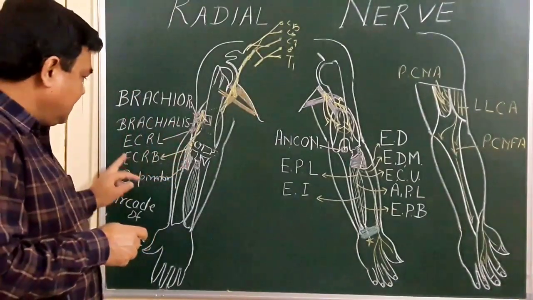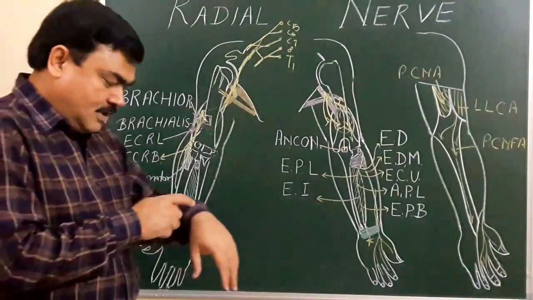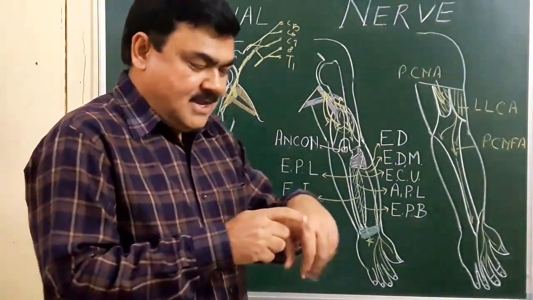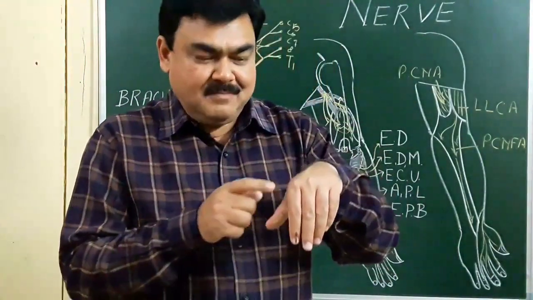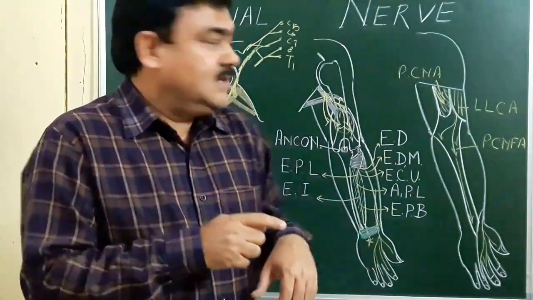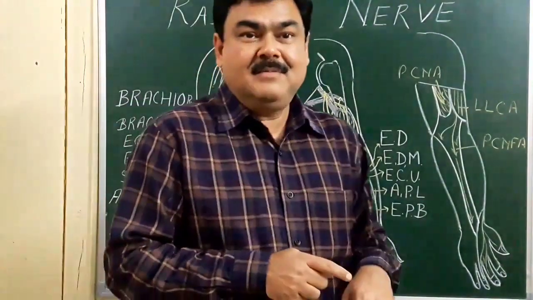So these muscles remain intact. The wrist is affected but not very much. The typical presentation is finger drop. The patient cannot extend at the metacarpophalangeal joint. So this is all about radial nerve palsy.